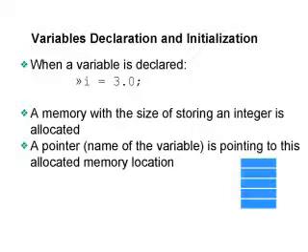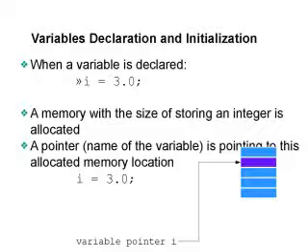So when you execute a line of code of a variable declaration and initialization, such as i equal to 3.0, a memory slot that is enough for storing your variable will be allocated to your program. And then the value 3.0 will be stored in this memory location. Your variable i will become a pointer pointing at this memory location that is storing the value of 3.0.